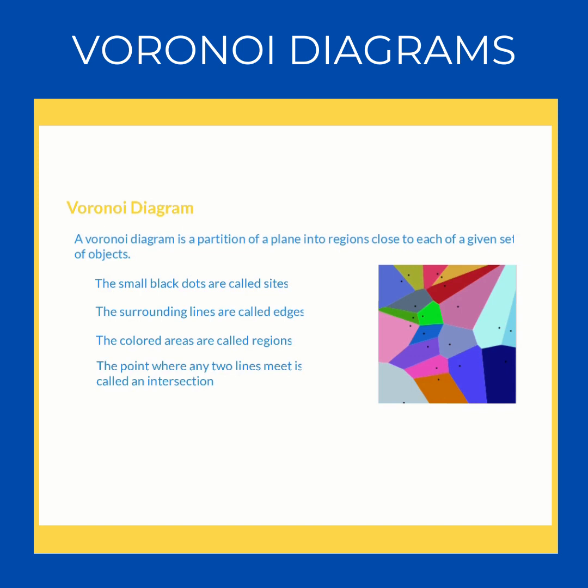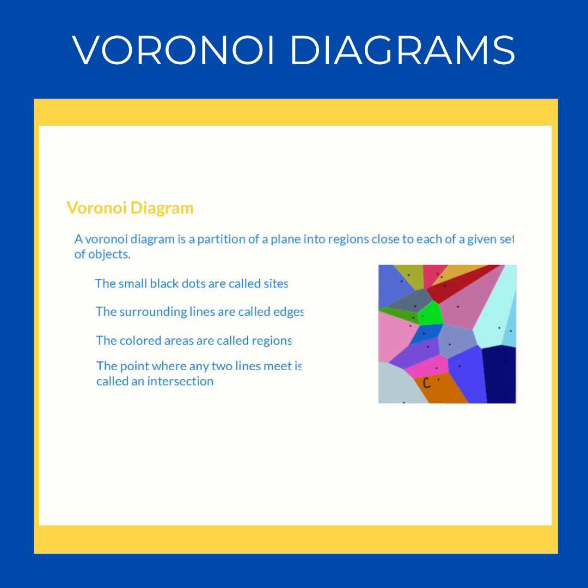If I name this dot by the letter C, then any particular location within this brown colored region is closest to this black dot C. So that's the whole goal of Voronoi diagrams.